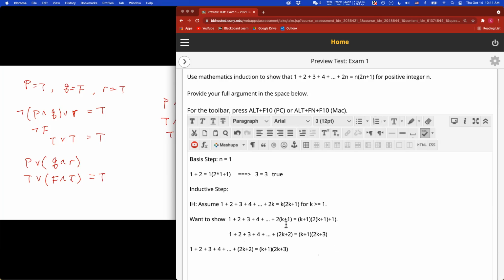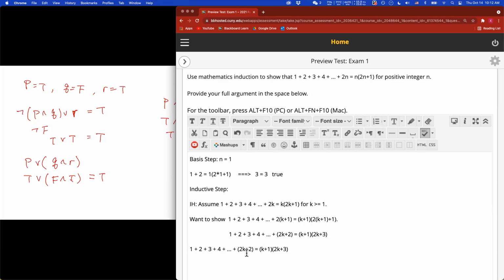Now we want to get some previous terms. We want to rewrite this so the inductive hypothesis appears. We want to have 1 up to the 2k term, but now we have up to 2k plus 2. If you look at the pattern here, you increment by 1 each time.